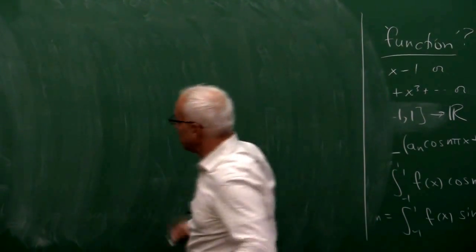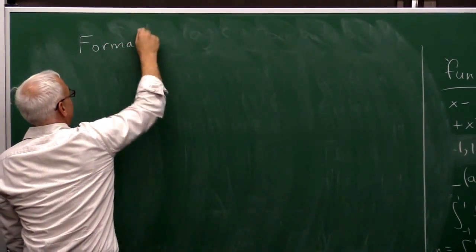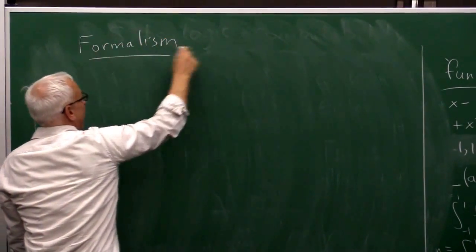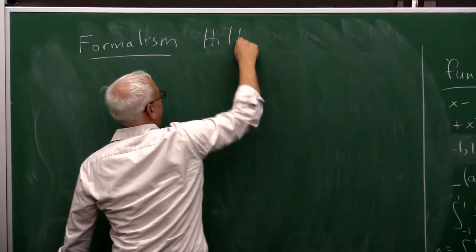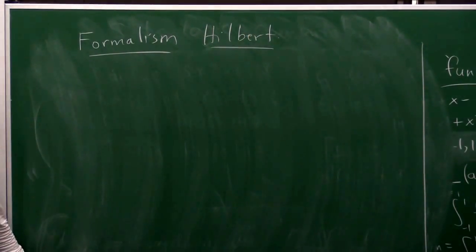a third school, which is the School of Formalism. And its main proponent was Hilbert, who was another one of the very prominent mathematicians around the turn of the century.